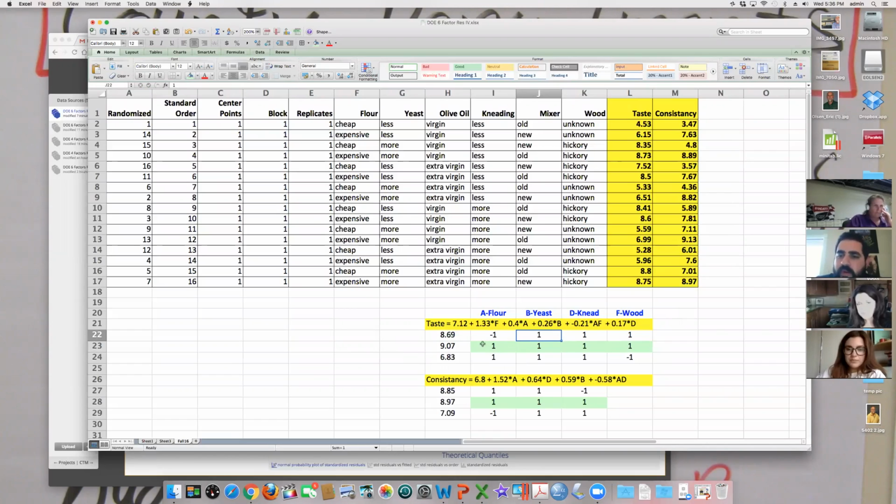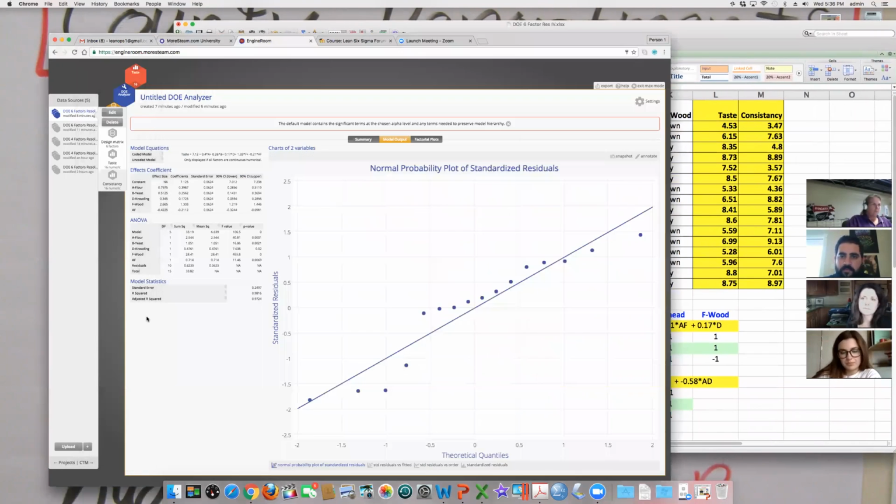Entering the values into that model, it looks like if I just used expensive flour, more yeast, longer kneading, and I used hickory, it gave me a taste of 9.07, which looks to be pretty good. So that would be the output of my model.